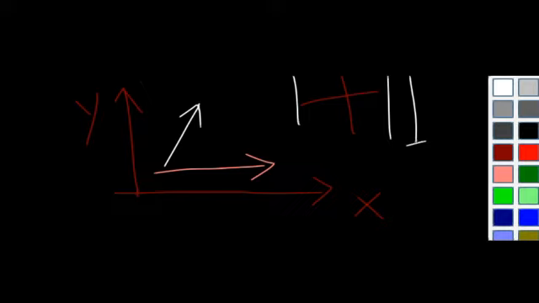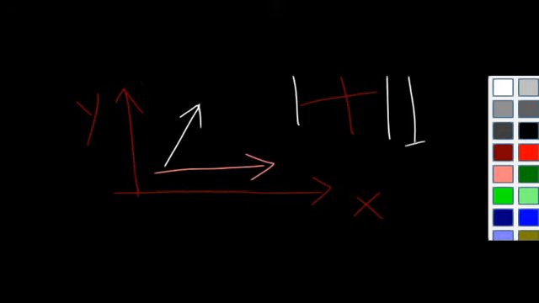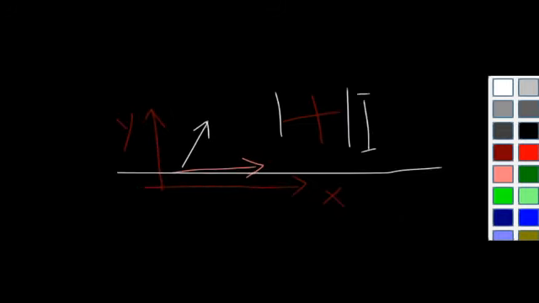We can't, again I repeat, we can't have a vector that is perpendicular to both these two vectors but is not a three-dimensional vector. Does that make sense? I don't know.